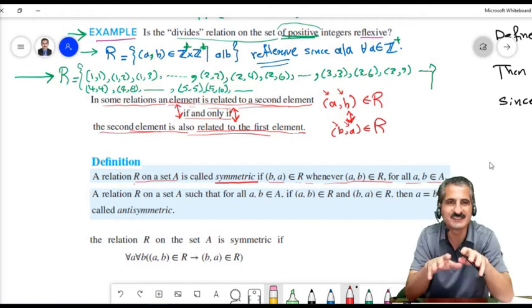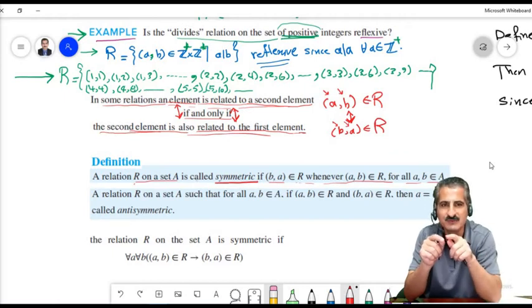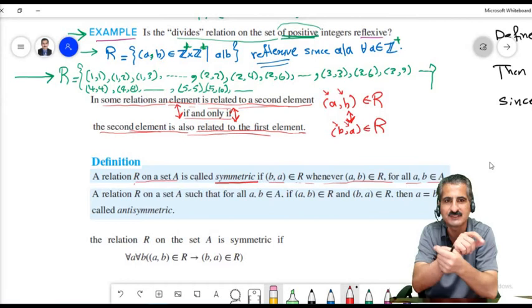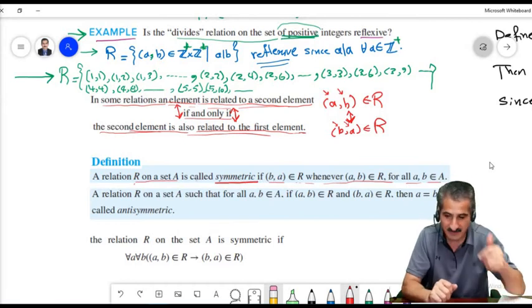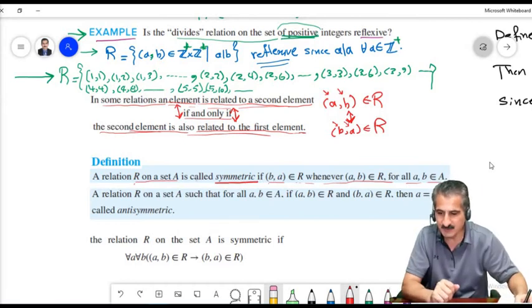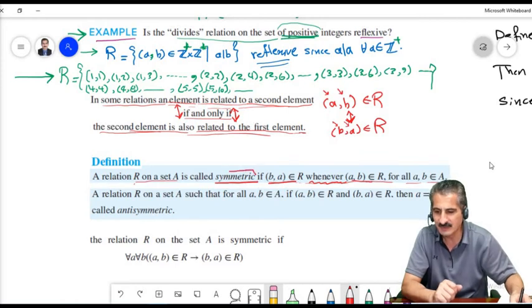No, we are not saying that. We are saying that if we find an element A related to B, then we must also have B related to A, changing the places. So B will be related to A whenever A was related to B.